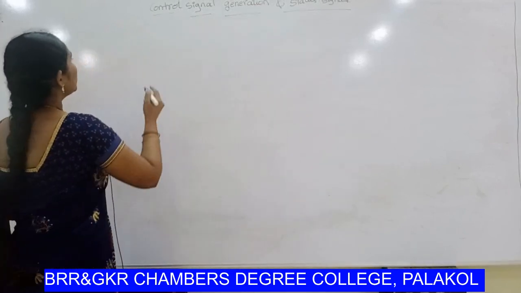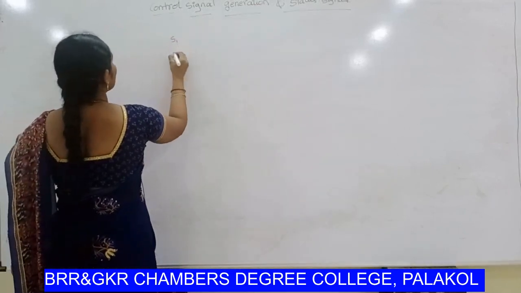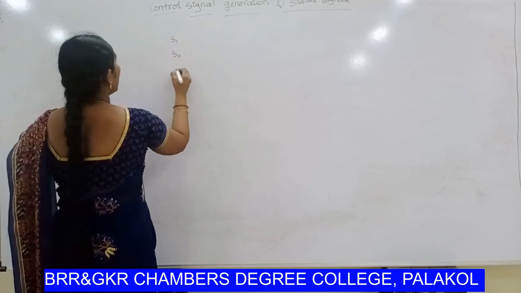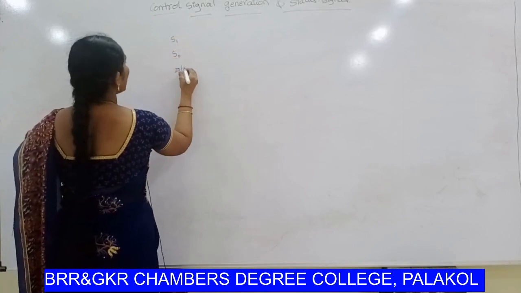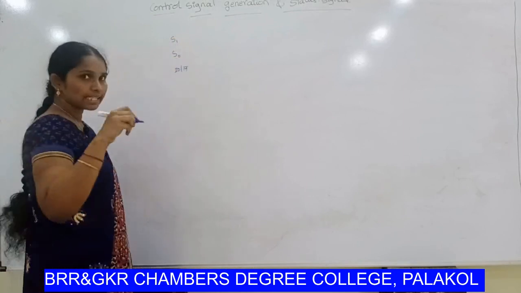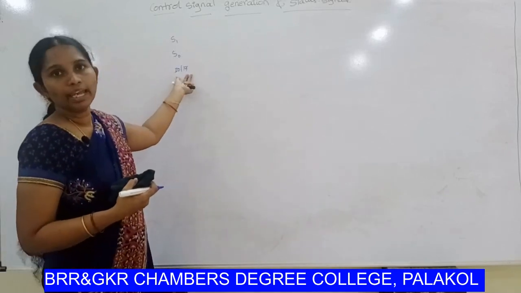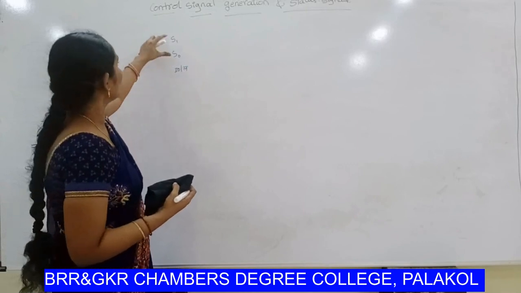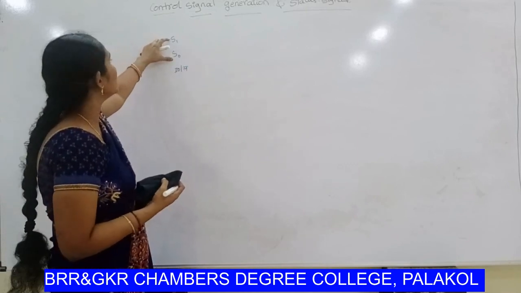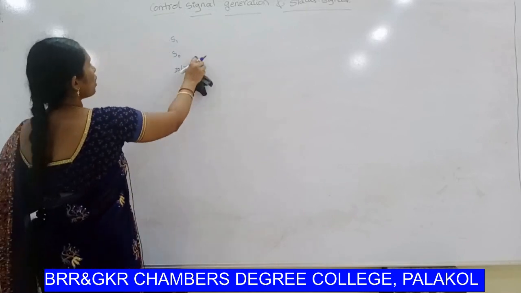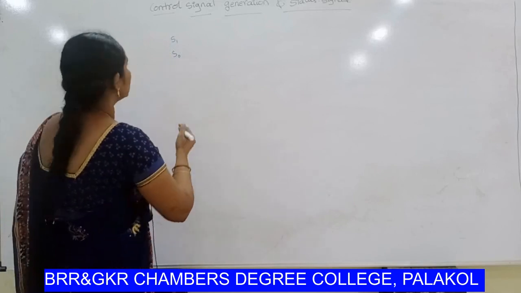Those are S1, S0 and IO by memory bar. We already discussed IO by memory. Now we will discuss only these 2 signals, S1 and S0. These 2 are the status signals.